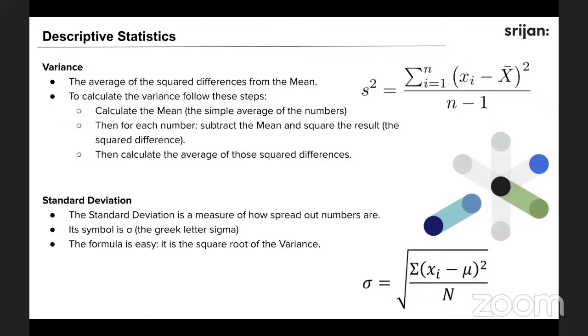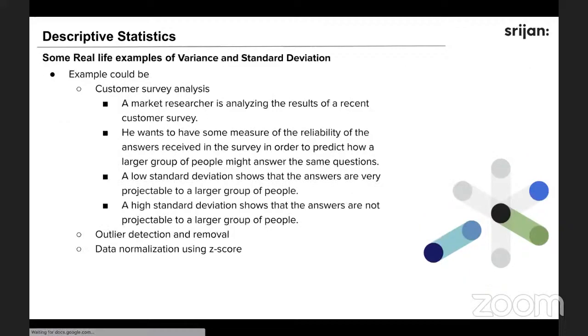So it's better to have a quick mind map of these things, so that we can think in terms of these mathematical equations. Some real life examples of variance and standard deviation: let's say you are a market researcher and you are doing some customer survey.